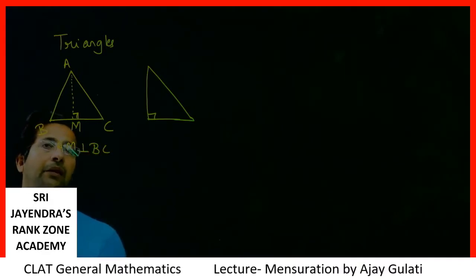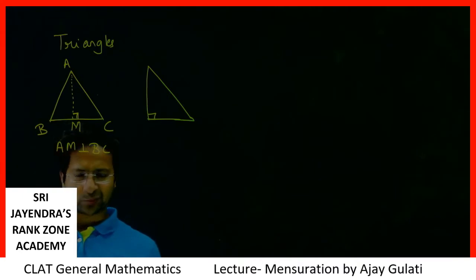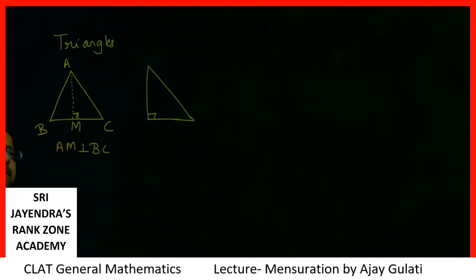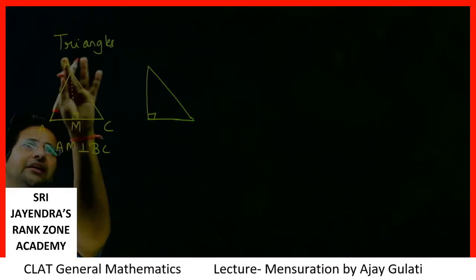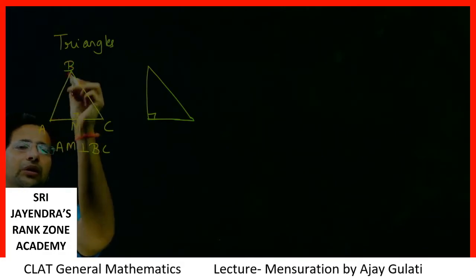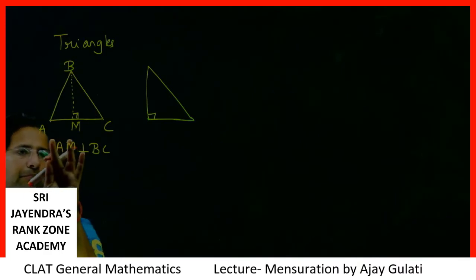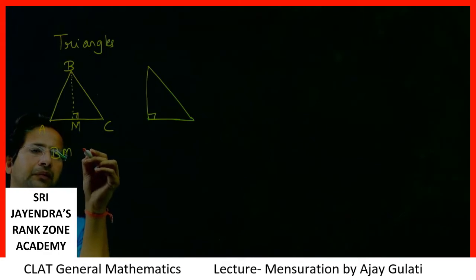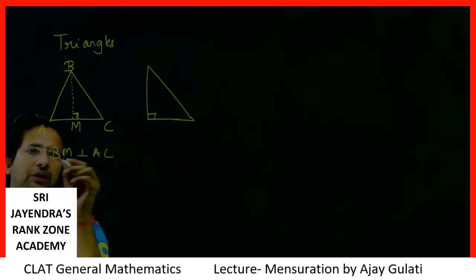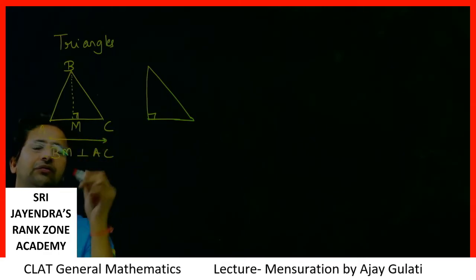Now I just change the labeling for a minute. It will make things easy for me. Let's say this vertex is A, this vertex is B. Now BM perpendicular to AC.